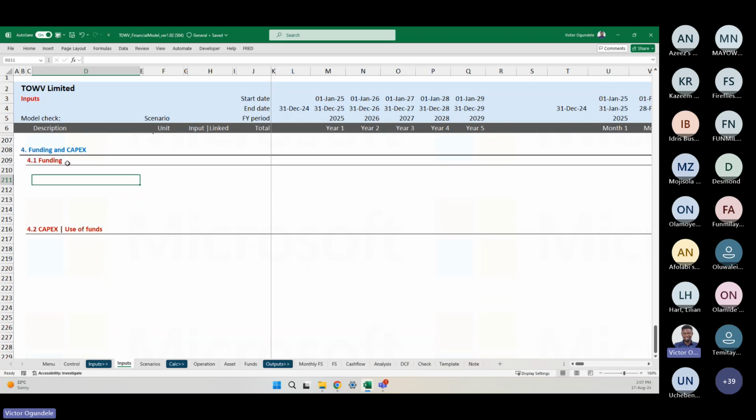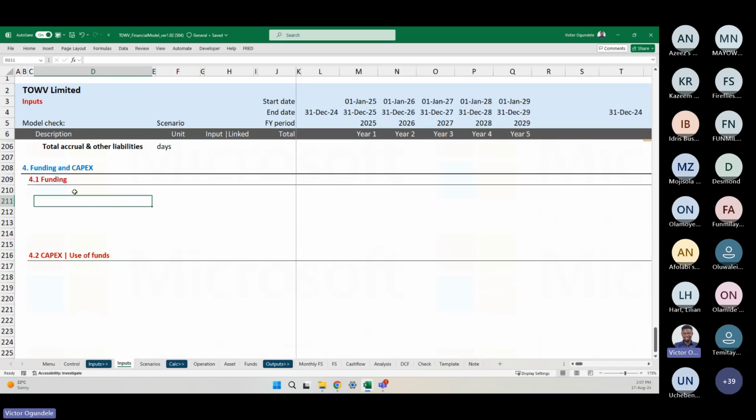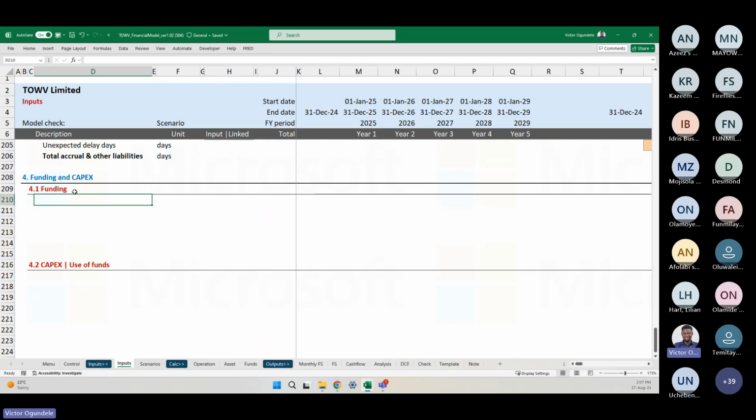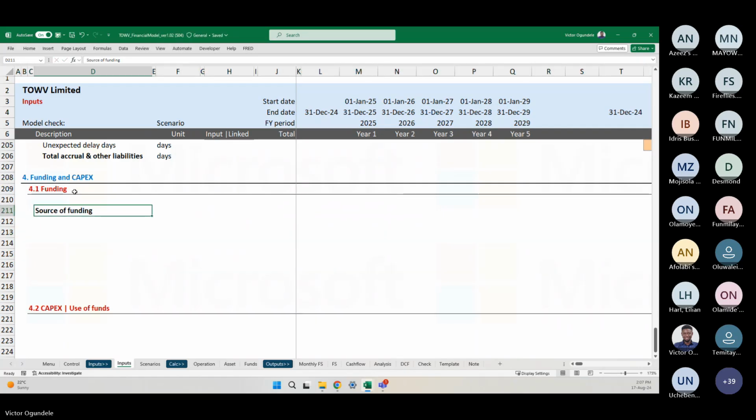Okay, you know what? Yes, let's do the funding. I'll call this our sources of funding. So let's have our sources of funding.